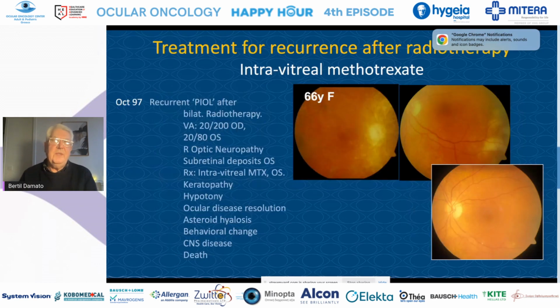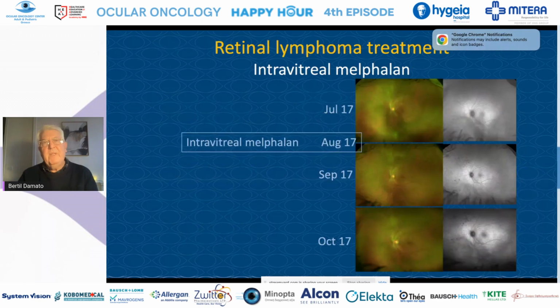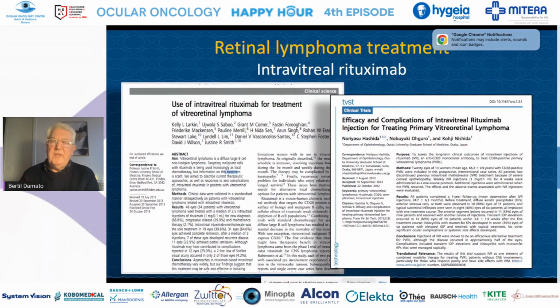Very intensive treatment. And it can be good for recurrence after radiotherapy. And then there's monthly intravitreal melphalan, described by the Shields, which is effective, as we have found, but we've seen recurrences. And intravitreal rituximab.